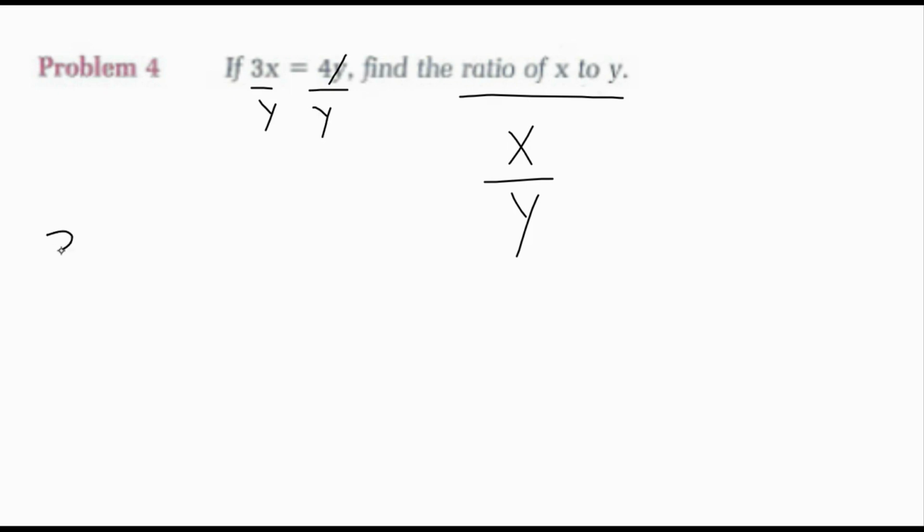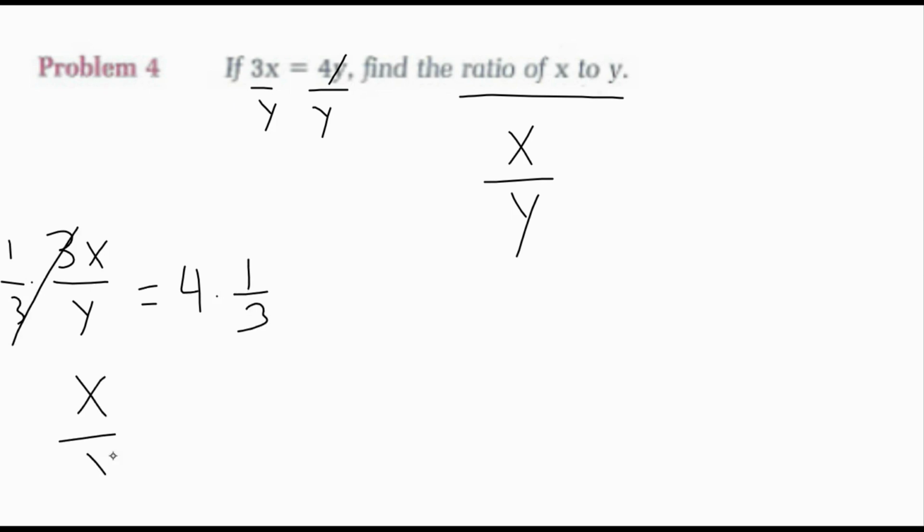Doing that, I'd have 3x over y is equal to 4. Now I'd want to get rid of this 3, so essentially I'd multiply by 1/3. This gets rid of the 3, leaving x over y, and then 4 times 1/3 would be 4/3. So the ratio of x to y is 4/3.